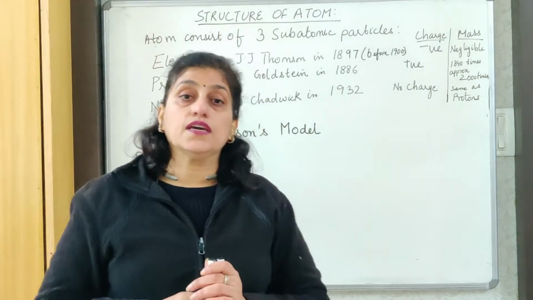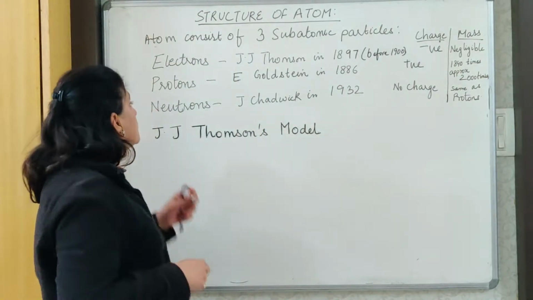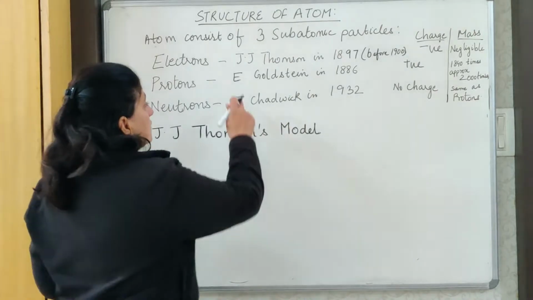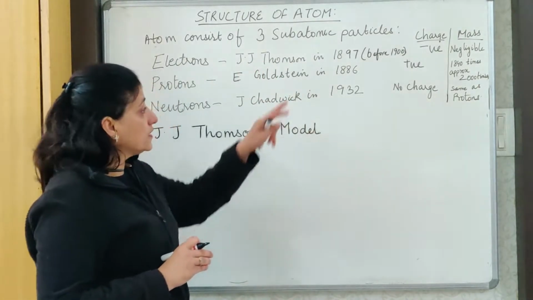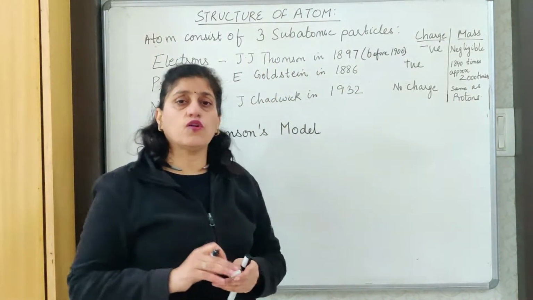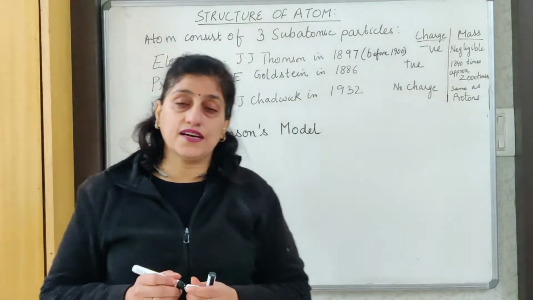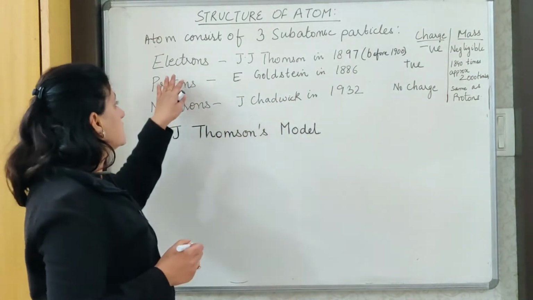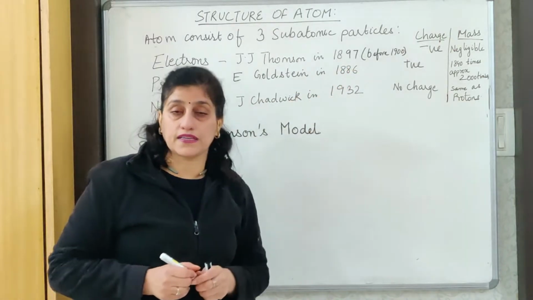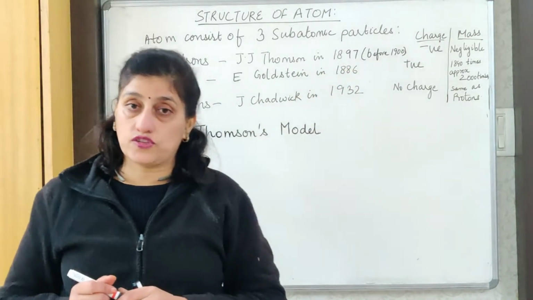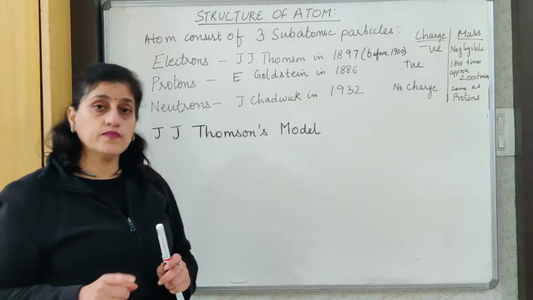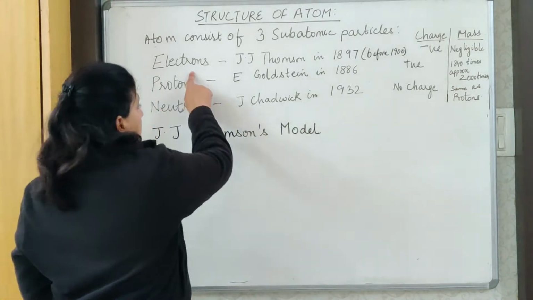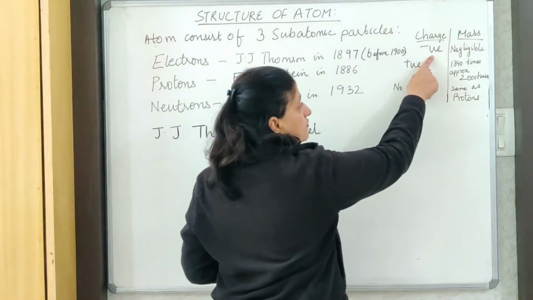In this context, the electrons were discovered by JJ Thomson in the year 1897, or we can say just before 1900. JJ Thomson discovered negatively charged particles and he named them electrons. So from here, we conclude that electrons have a negative charge.